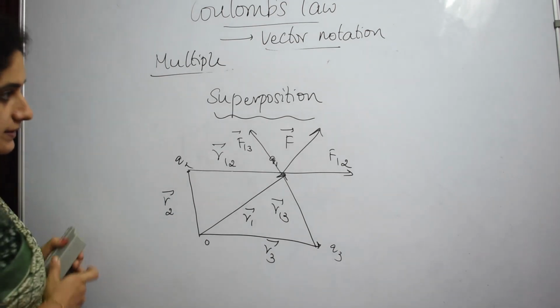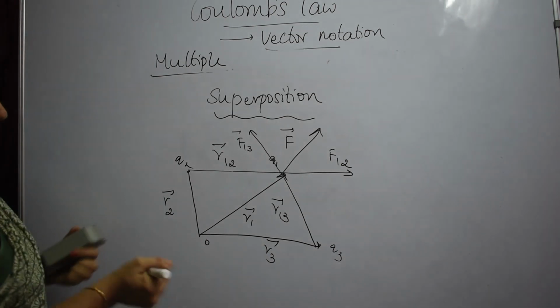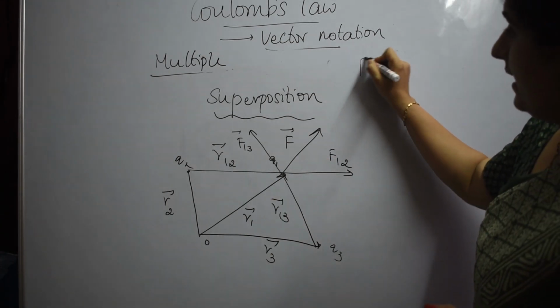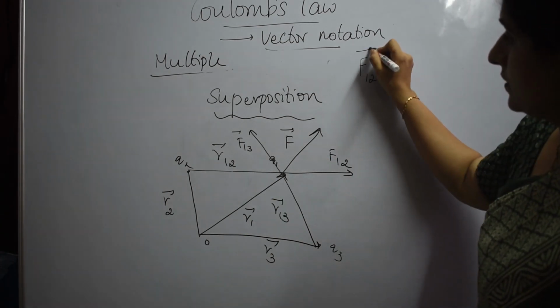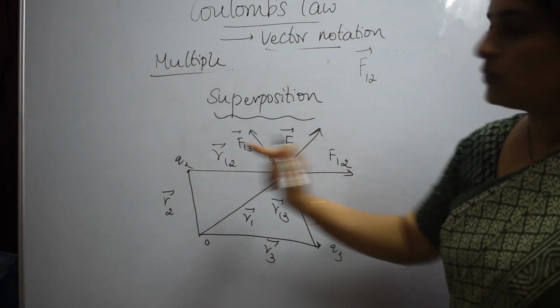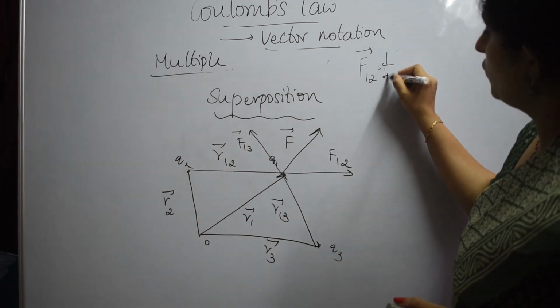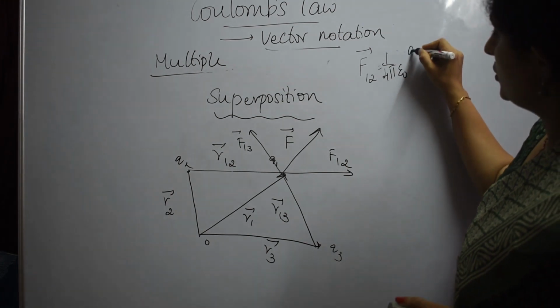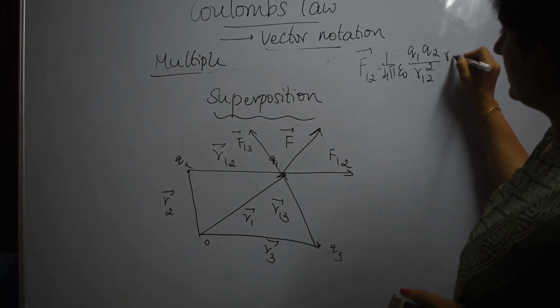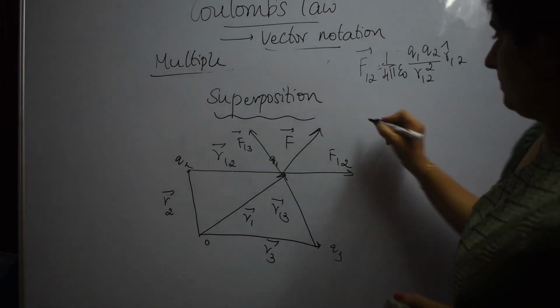Okay. So it is like F12, force on Q1 due to Q2, is 1 by 4 pi epsilon naught Q1 Q2 divided by R12 square into R12 cap.